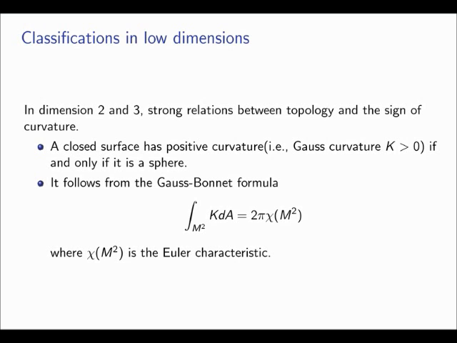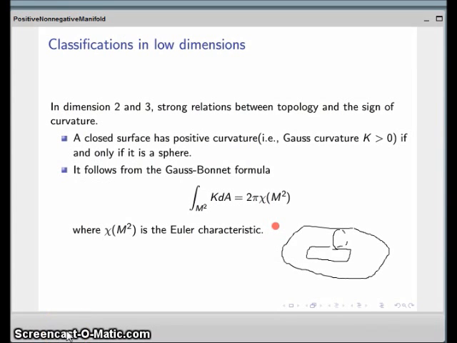If you look at another surface, look at the Euler characteristic, the chi of the torus. This one actually is equal to 0. So if you apply the formula to the torus, you see this term is equal to 0. So this means either you have k is 0 everywhere, or you have k positive somewhere.